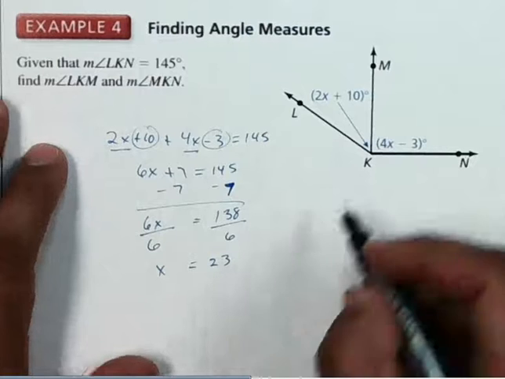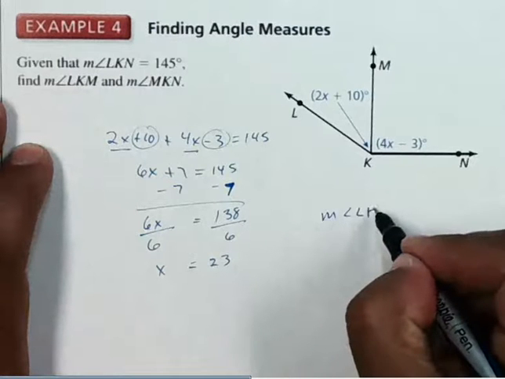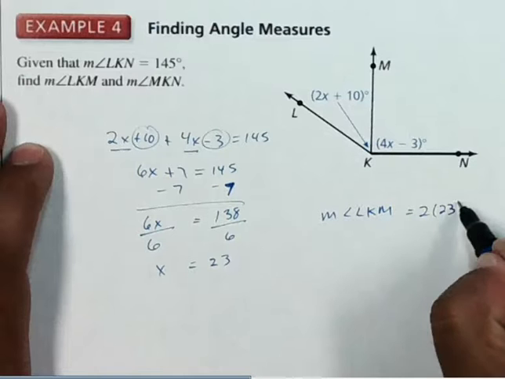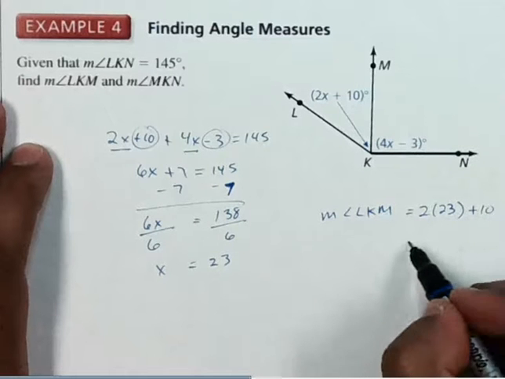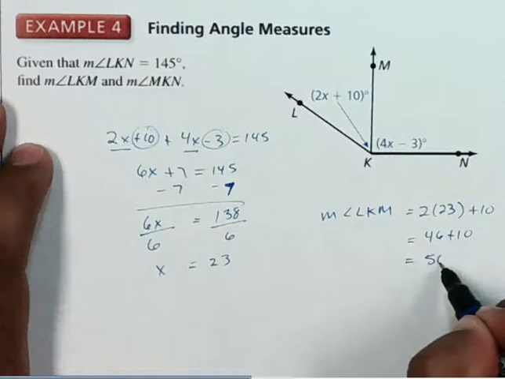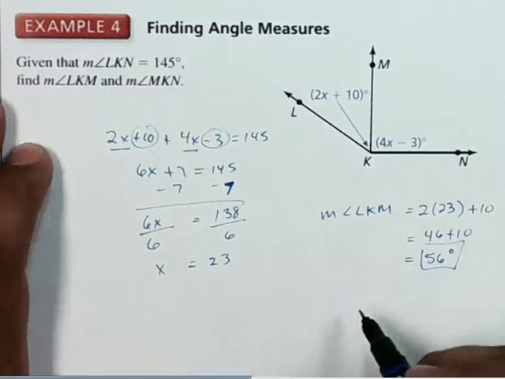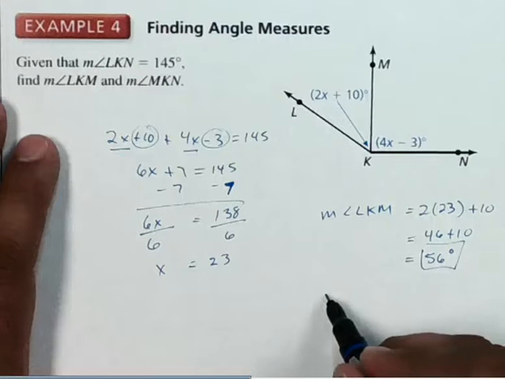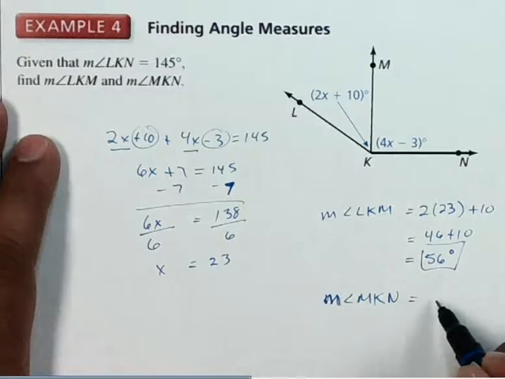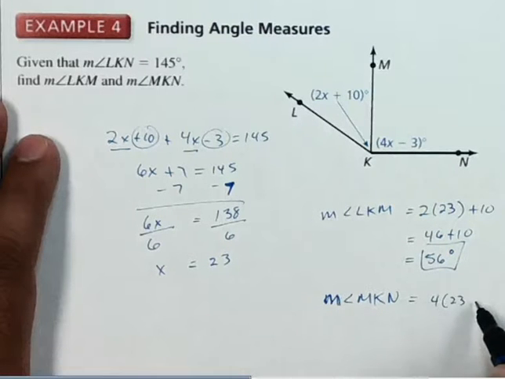So the measure of angle LKM is going to be equal to 2 times 23 plus 10, which comes out to be 46 plus 10, which would be 56 degrees. And then for the other one, the measure of angle MKN, it's going to be 4 times 23 minus 3.